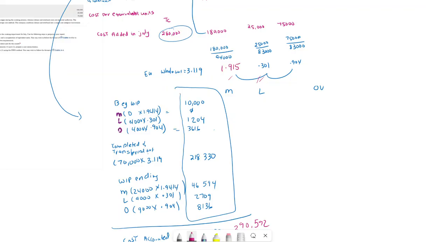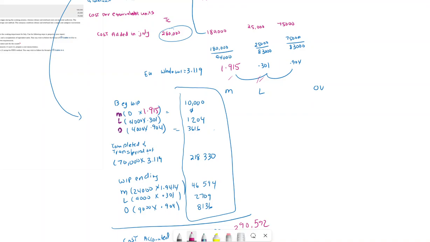Divided by 83,000, that is good. 75,000 divided by 83,000, that is also good. Plus 0.301 plus 1.915. So that should be 3.112, which is okay. The only thing is I made a mistake here. That number should be 1.915, and the 0 didn't change.